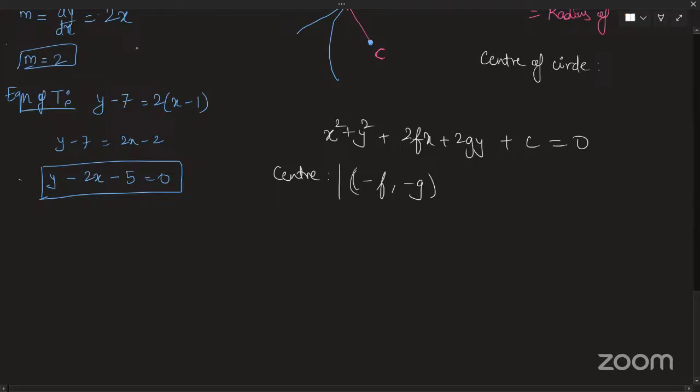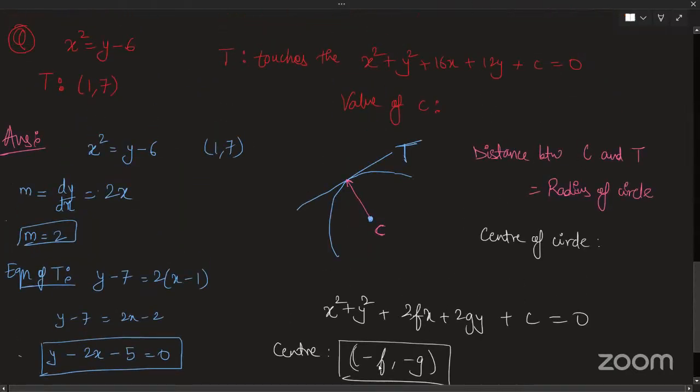I hope all of you remember conic sections. Can you just compare both of these equations and tell me what is the value of center? At least you can do that.